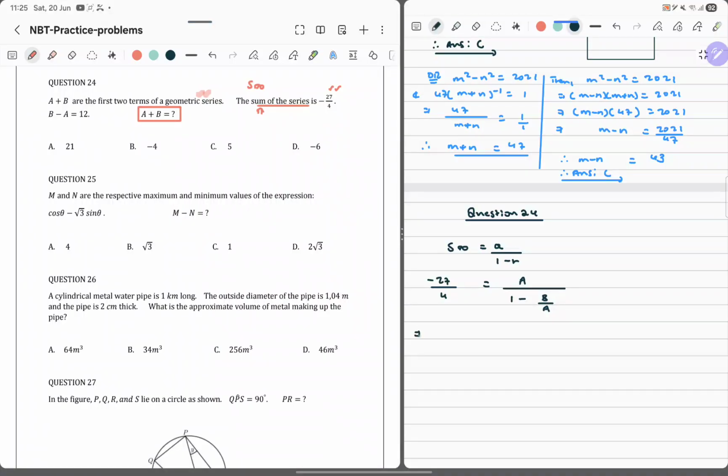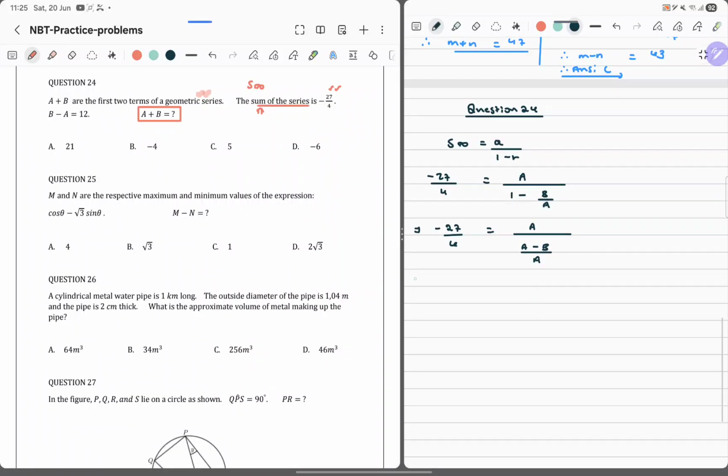So this implies that minus 27 over 4 is going to be equal to, when we sort this out, a over a minus b all over a.